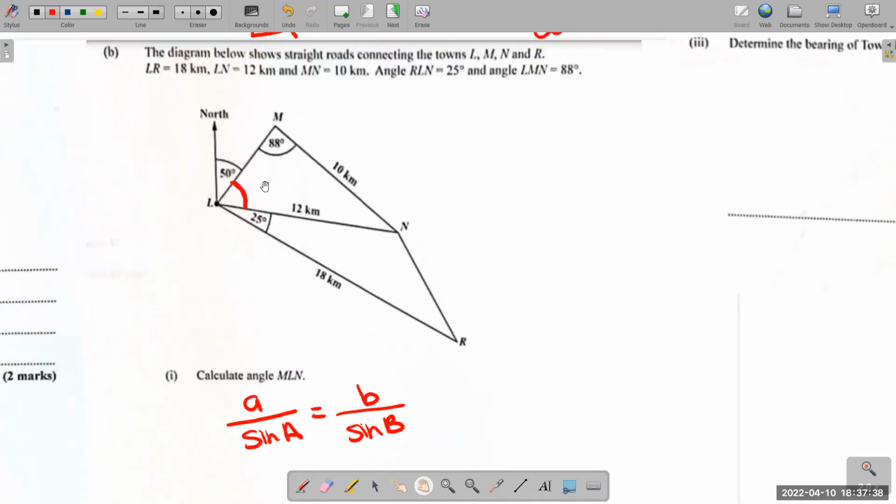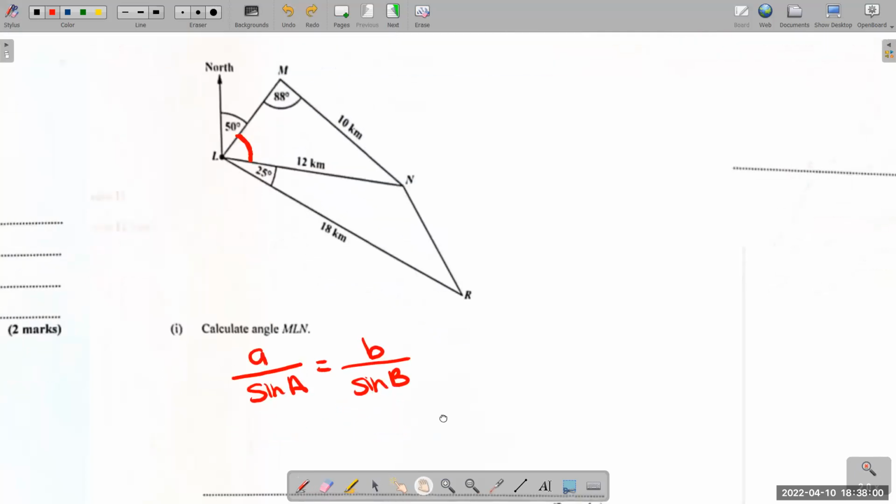Now, look at this triangle. Which two pairs do we have? Don't we have 88 and the matching side 12? Because if this is side a, this is angle A. Everybody with me? Talk to me and confirm quickly, because this is the basic stuff that we did already.